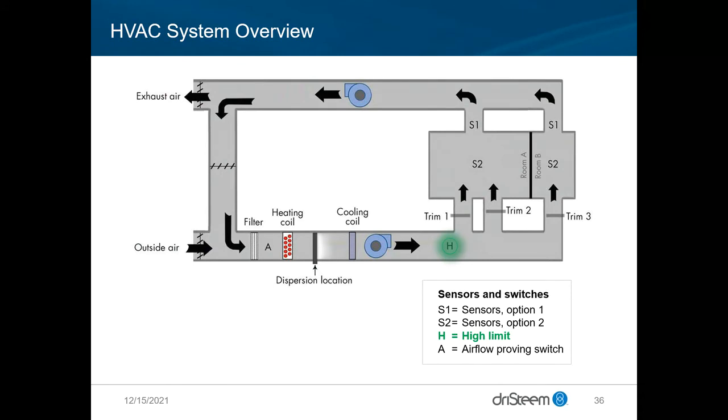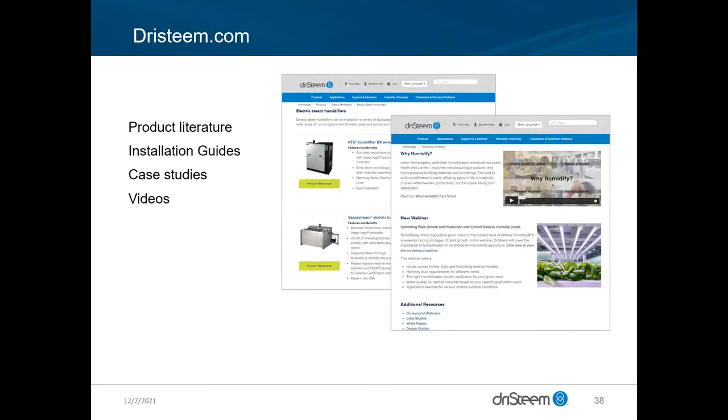Alternatively, there is the traditional on-off systems available too. And also important is an airflow proving switch. Obviously, we don't want to be humidifying if the fan's not running. So those are typically put upstream just to make sure we don't have any wetting considerations.